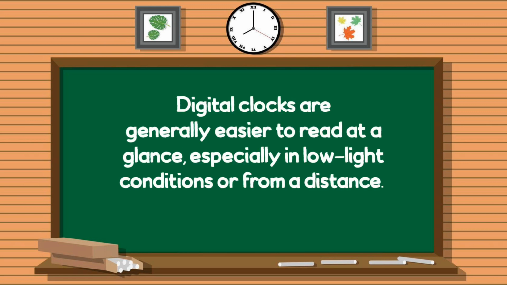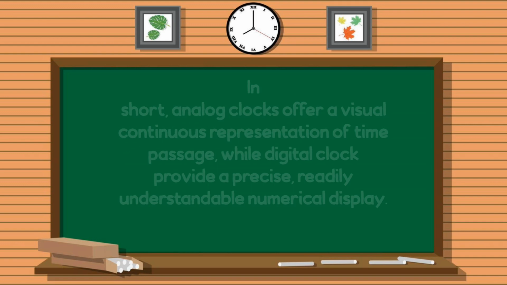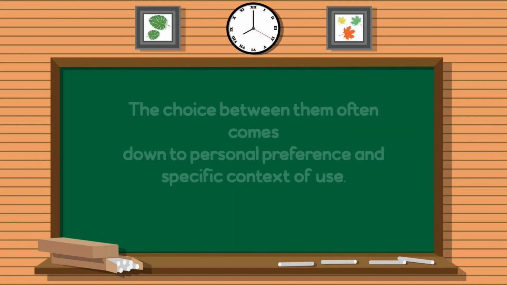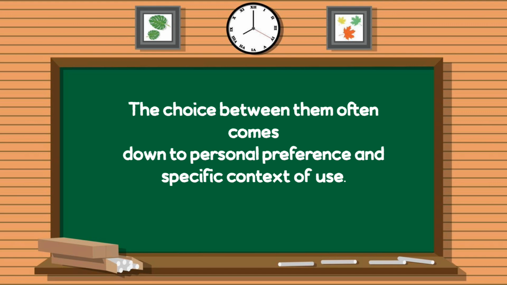Digital clocks are generally easier to read at a glance, especially in low light conditions or from a distance. In short, analog clocks offer a visual, continuous representation of time passage, while digital clocks provide a precise, readily understandable numerical display. The choice between them often comes down to personal preference and specific context of use.